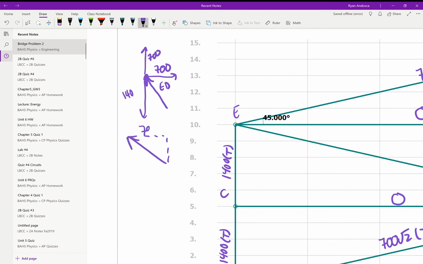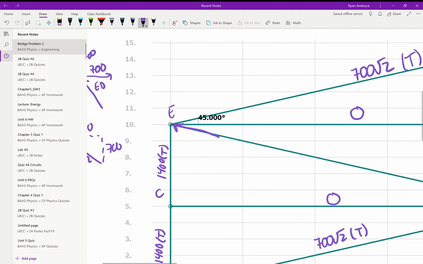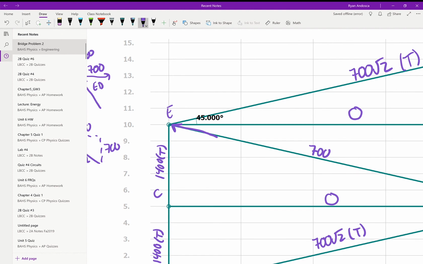And it must have 700 to cancel this one, 700 to cancel the leftovers of this one and this one. What's left over is 700 down, so it's got to have 700 up, which means it is 700 root 2, and it's going into the joint here. So now I know that the answer is 700 root 2, and it's a compression.